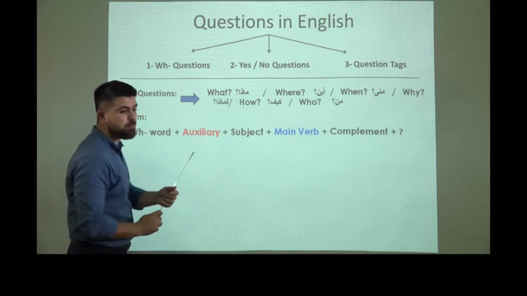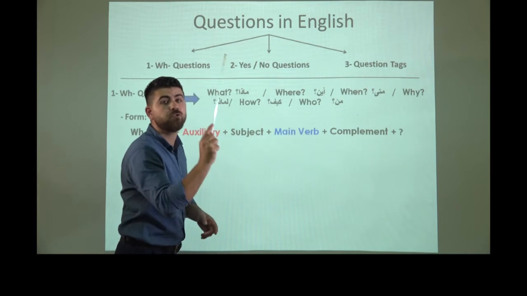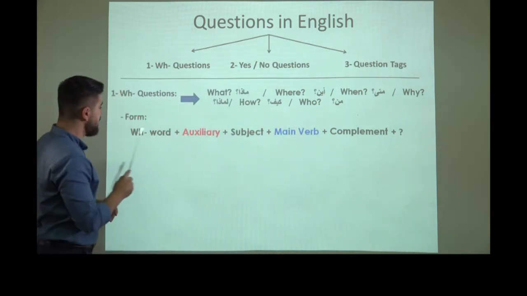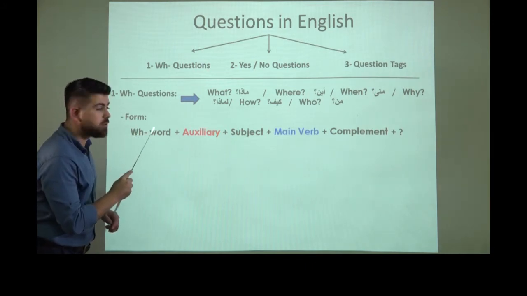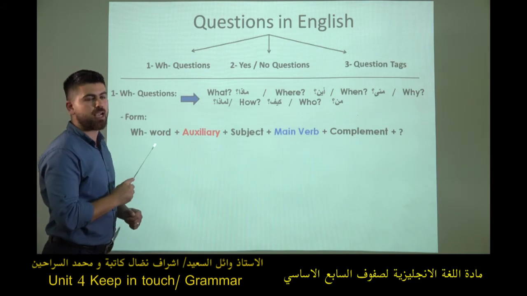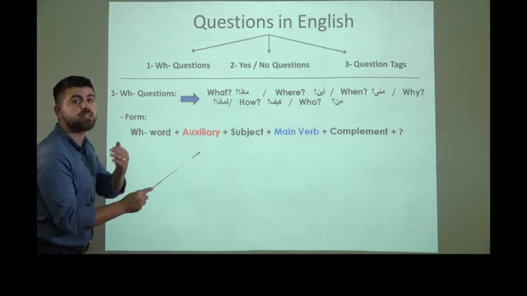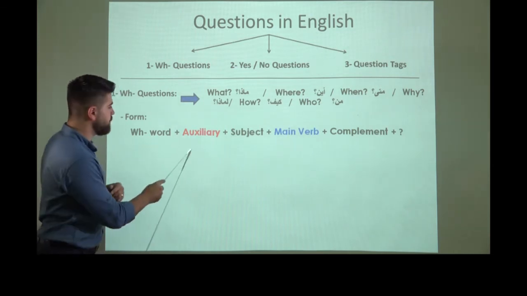Plus main verb, الفعل الرئيسي. Plus the complement, and don't forget the question mark here. ما تنسى علامة السؤال. So this is the form we are going to deal with in order to order a question. هذا اللي هو الشكل اللي بدنا نستخدمه حتى نقوم بتشكيل أو وضع السؤال، كلمات السؤال في ترتيب مناسب وصحيح.